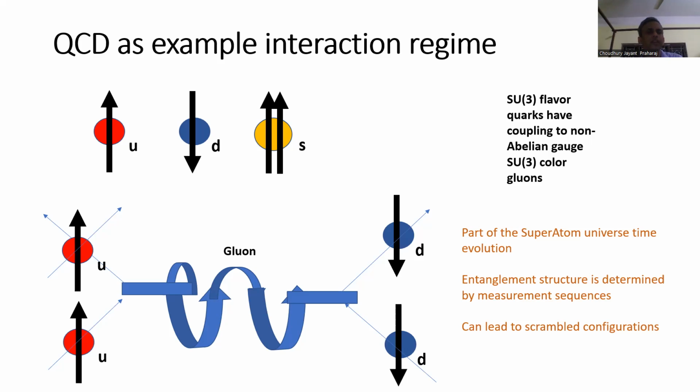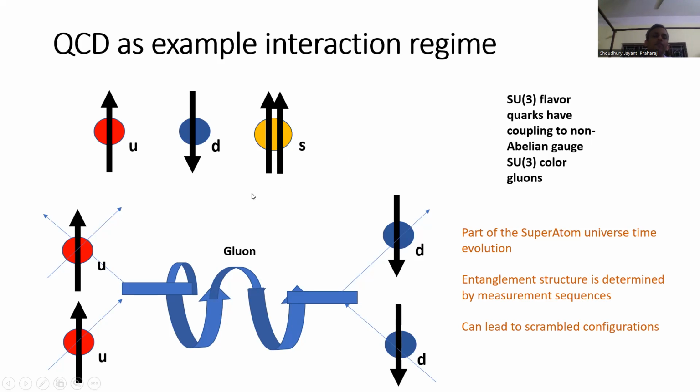So here we show QCD as a specific kind of complex quantum field theory with complex interactions, because you have 8 kinds of gluons, and you have the SU3 color group controlling these interactions, and then you have SU3 flavor, and on top of the quark fermionic flavors, you also have color for the quarks, so the color quantum number comes in.